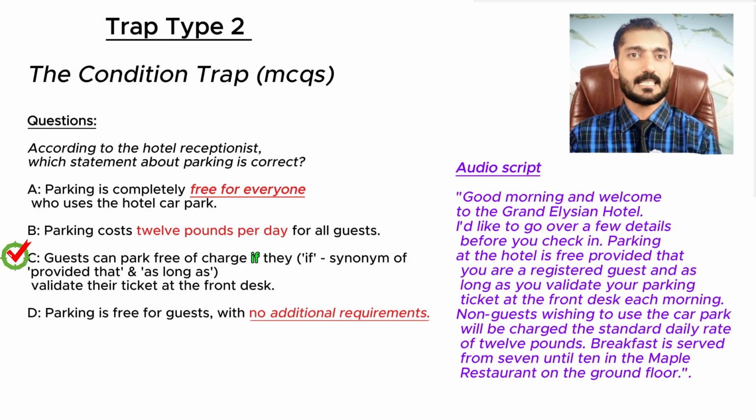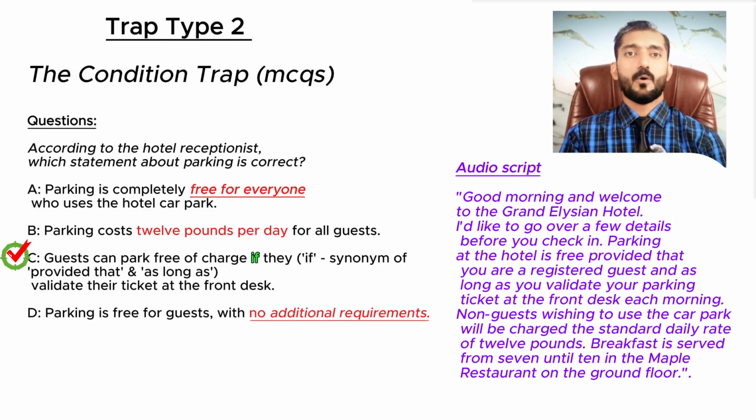So this option is easily the correct one. Option D is the most dangerous distractor. It is half true, as it says that guests do get free parking, but silently drops the validation requirement. Students who caught the word free and the word guest but missed as long as you validate will fall for this one every time. This is exactly how IELTS MCQ options are written in real exam papers.